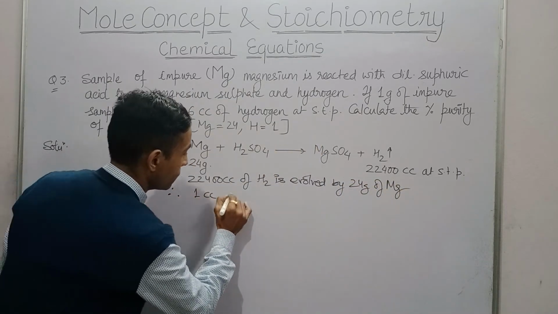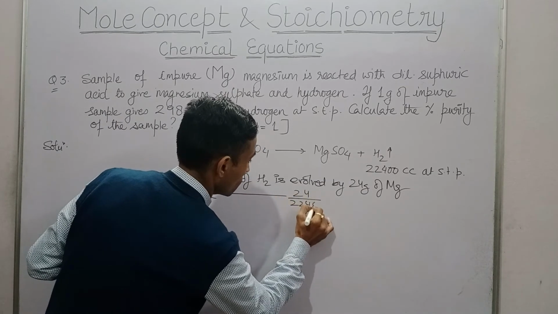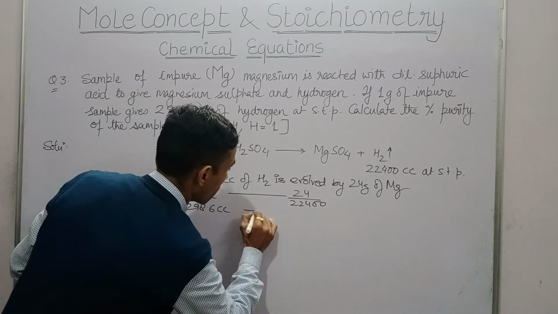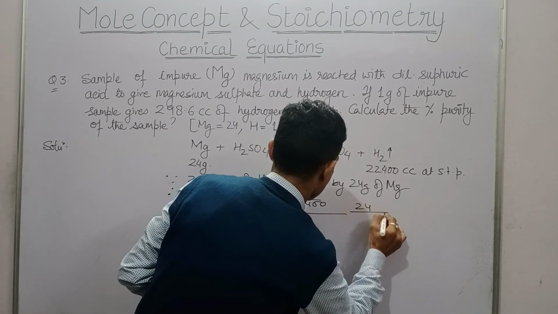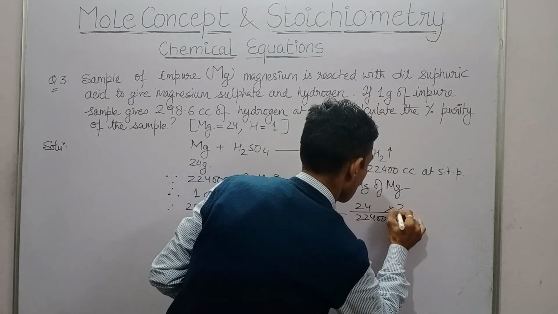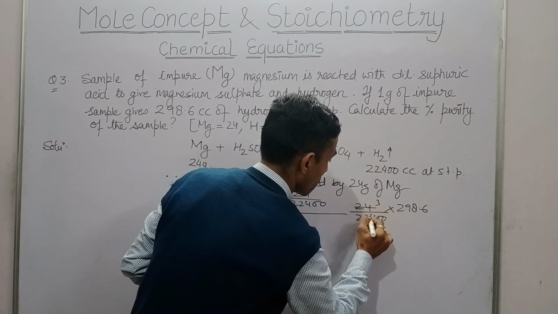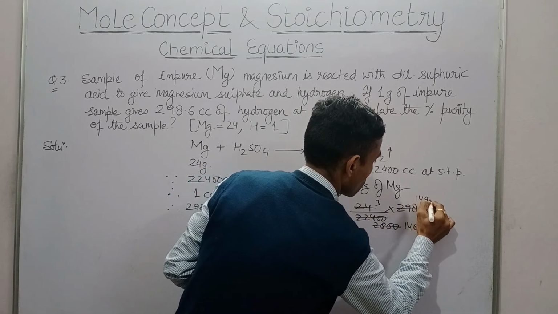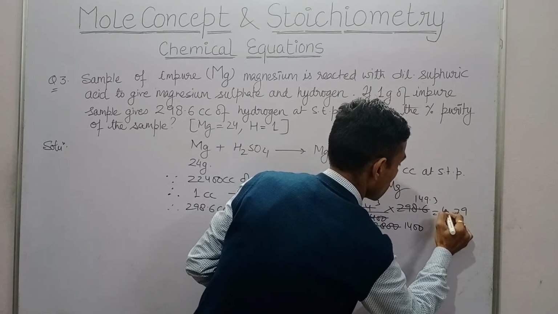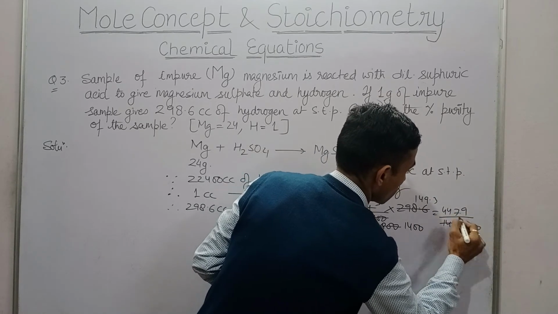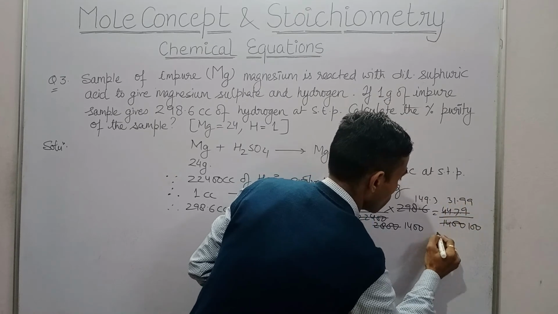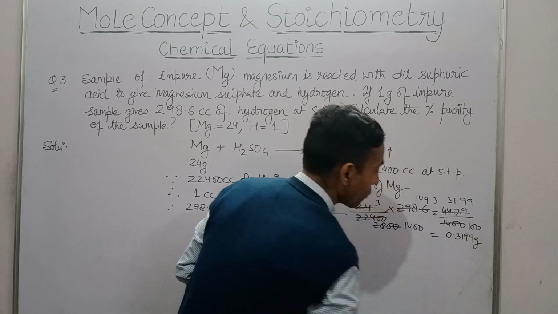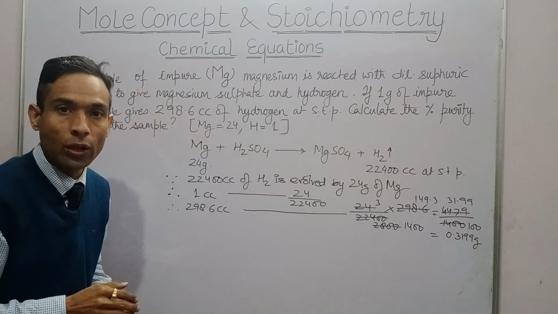Therefore 1 cc, and therefore 298.6 cc will give, cancellation, so we have 0.3199 gram of pure magnesium in 1 gram of impure sample.